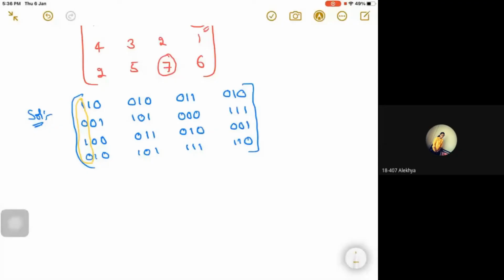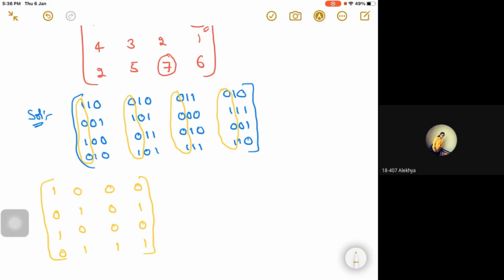If you write these elements, you will get the MSB plane. Let me write quickly. They are 1, 0, 1, 0, 0, 1, 0, 1, 0, 0, 0, 1, 0, 1, 0, 1. So this is the MSB plane.